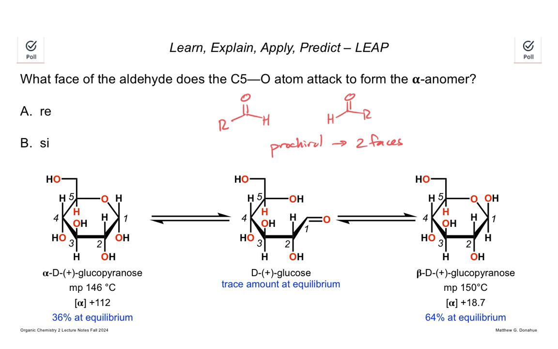And then we assign priority. Oxygen is the highest atomic number, so that's 1. Carbon's the next, so that's 2, and hydrogen's the lowest. If we connect those, we see we're going counterclockwise. So the face that we're looking at from this perspective is called Si. If we do the same analysis, 1, 2, 3, now we're going clockwise, so that's Re.